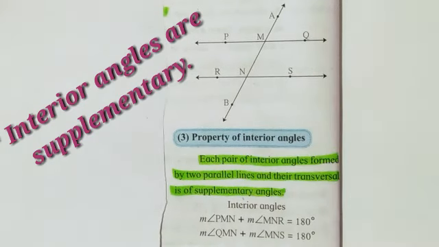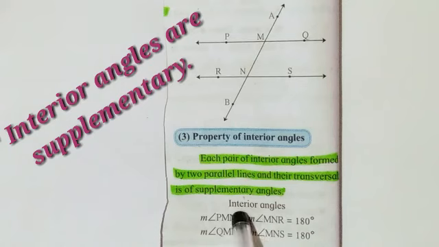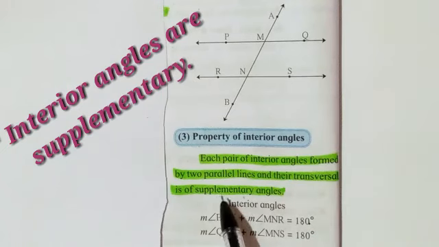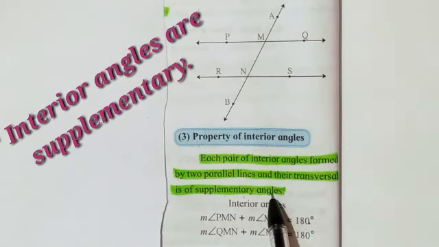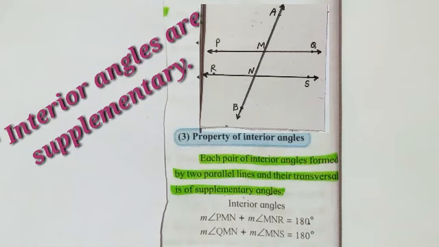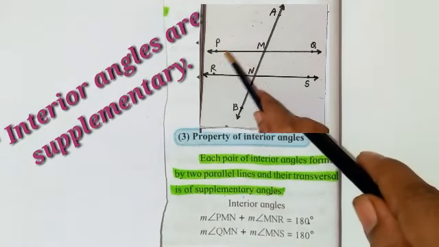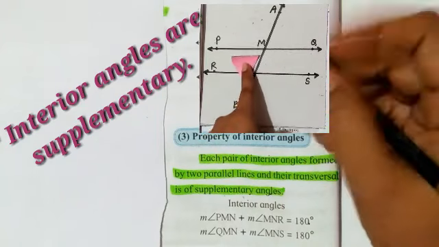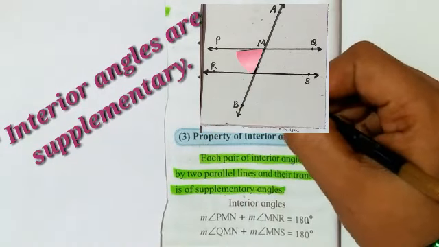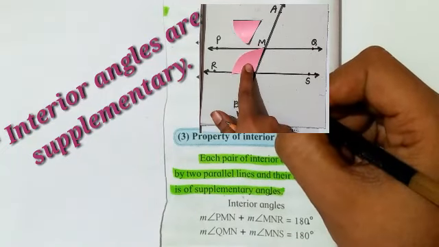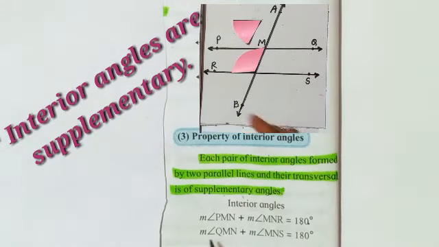If the addition of two or more angles comes to 180 degrees, then it is called supplementary. So here the addition of two interior angles is 180 degrees, so they are called supplementary angles. The third property is: interior angles are supplementary. So angle PMN plus angle MNR, these are the two interior angles.